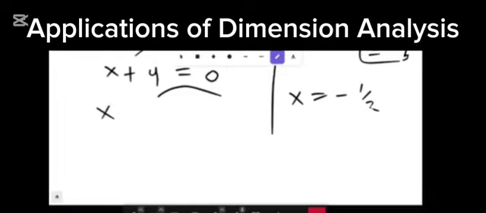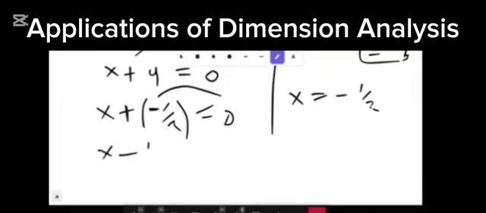Now, this plus and minus will combine and everything will still be minus. So x minus 1 all over 2 equals 0. Now, take the minus half to the other side. So x equals positive 1 over 2.